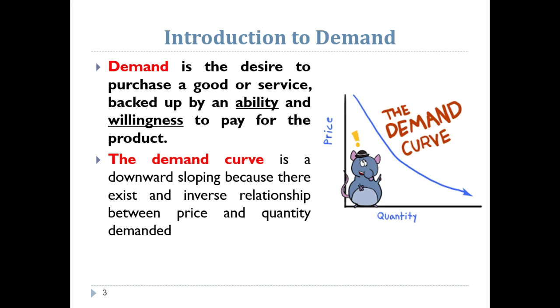For example, when the price of a chocolate is less in the market, you will buy more. When the price of the same chocolate is more, you will reduce the quantity of purchase, right? Simple logic. Because of that inverse relationship, the demand curve is downward sloping. I hope you understood why. Let's go to the next slide.